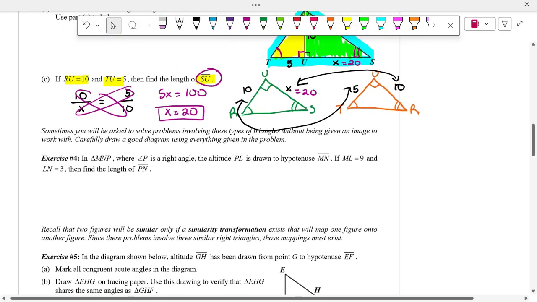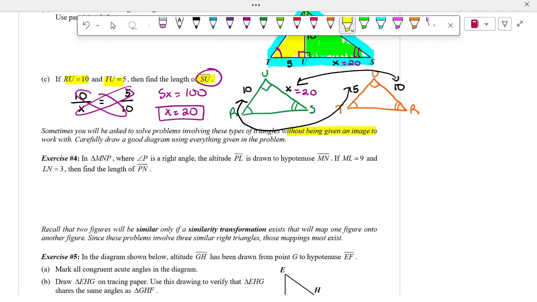All right, now, sometimes you'll be asked to solve problems involving these types of triangles without being given an image to work with. So you have to carefully draw the diagram. So, in triangle MNP, where P is the right angle. I'm going to draw that triangle first.